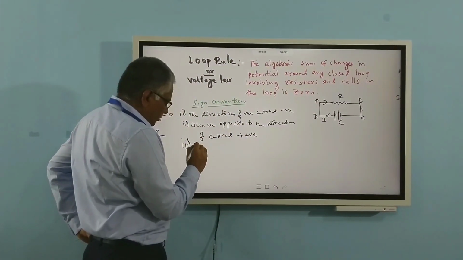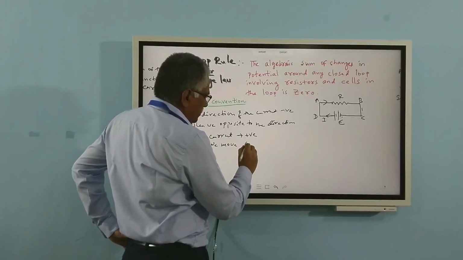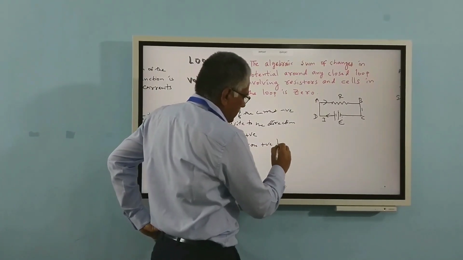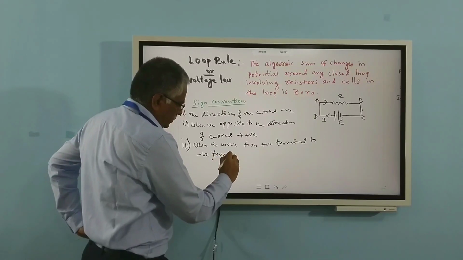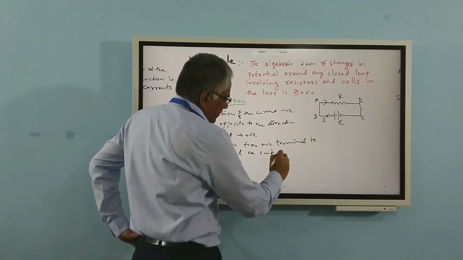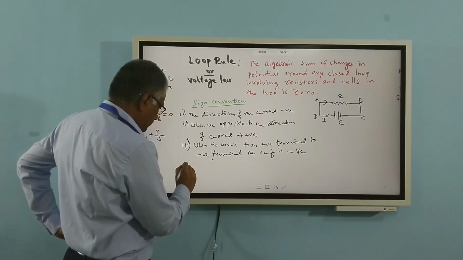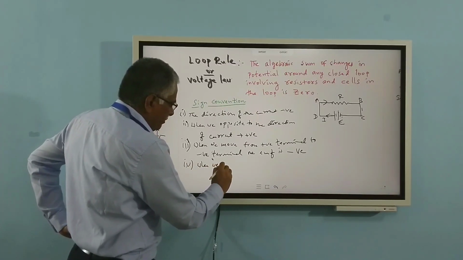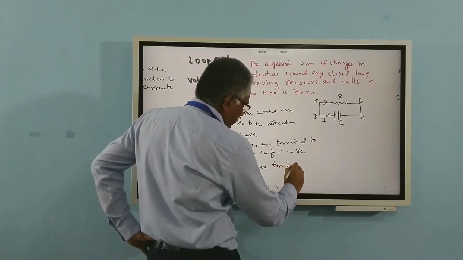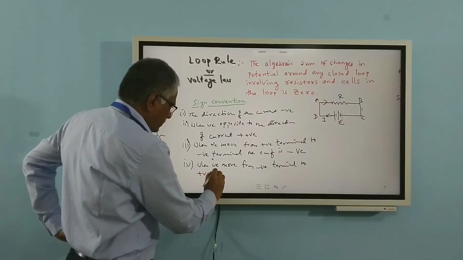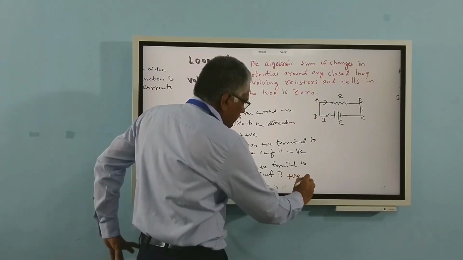When you move from the positive terminal to the negative terminal, the EMF is negative, and when we move from the negative terminal to the positive, the EMF is positive.